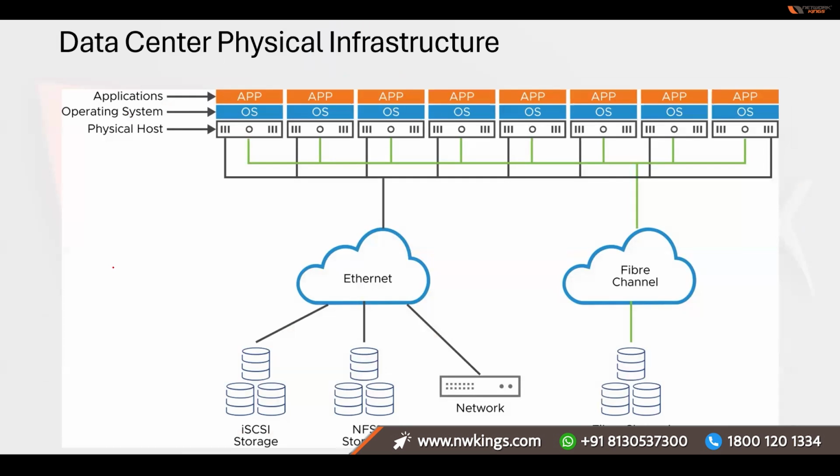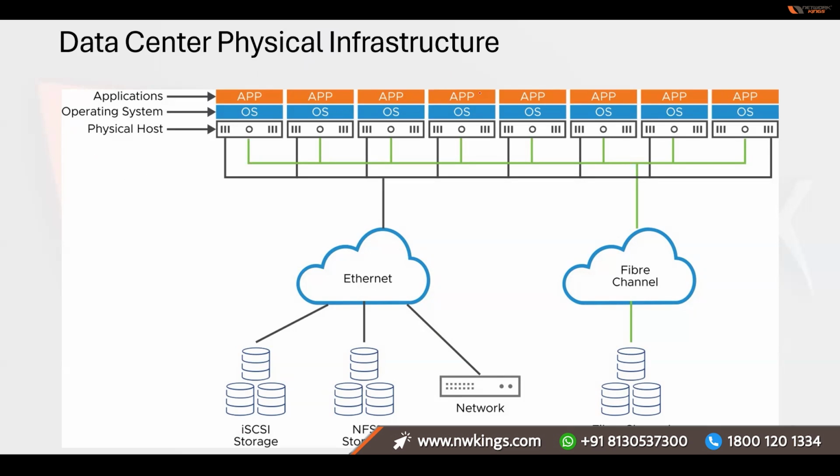Now here we have data center physical infrastructure. Guys, this slide is all about how we used to use our infrastructure before virtualization. For example, let's say there is a company, and let's take an example of networking.